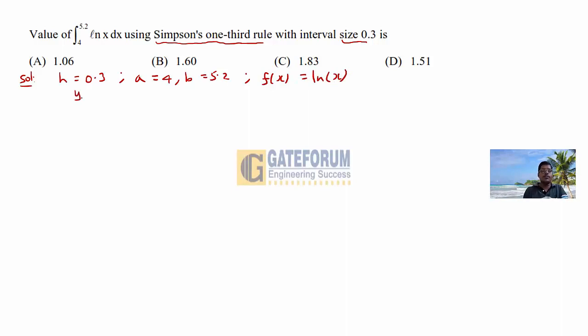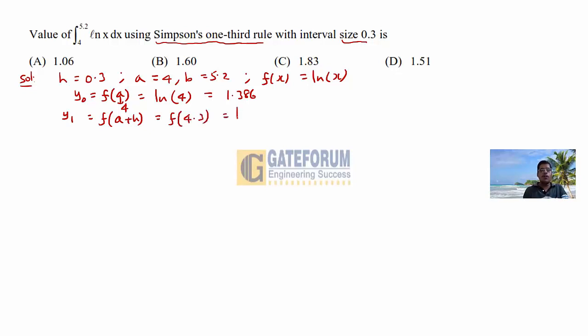Now y naught. Calculate the function values. y naught is nothing but the function value at a, that is 4, log 4. So please apply the calculator: 1.386. Then y1 is the function value at a plus h. A plus h is 4 plus 0.3, 4.3.